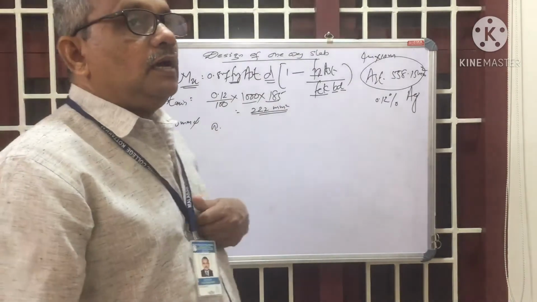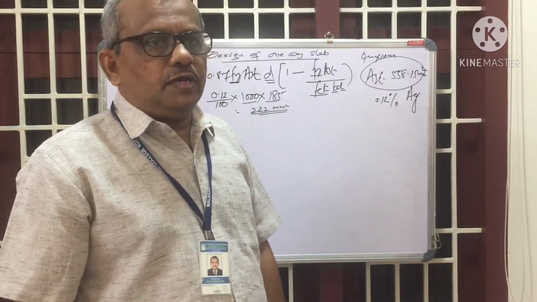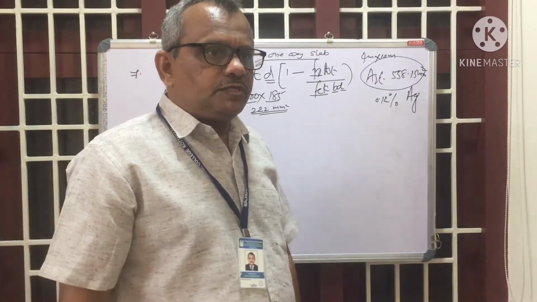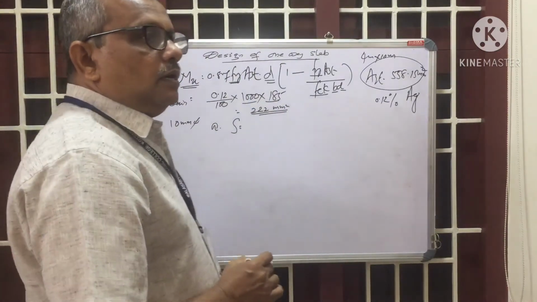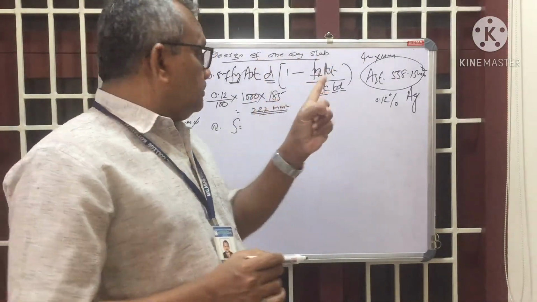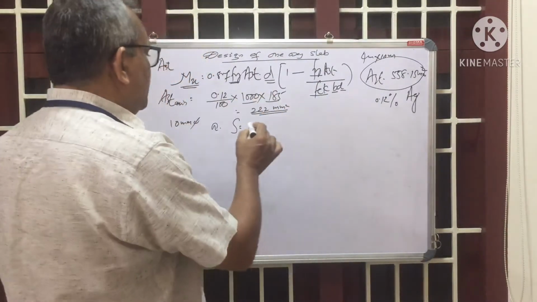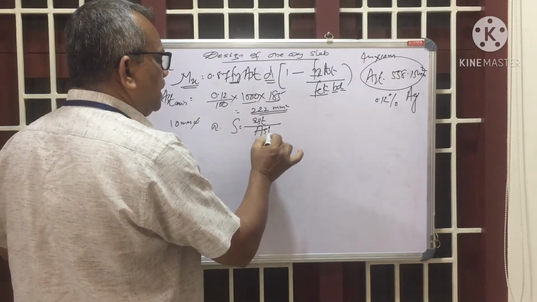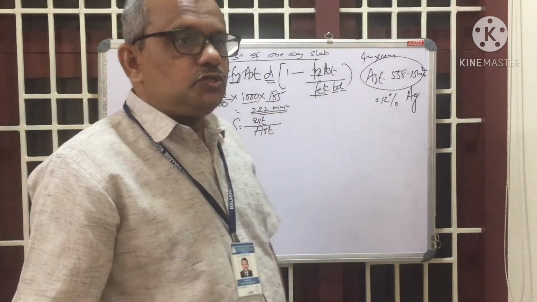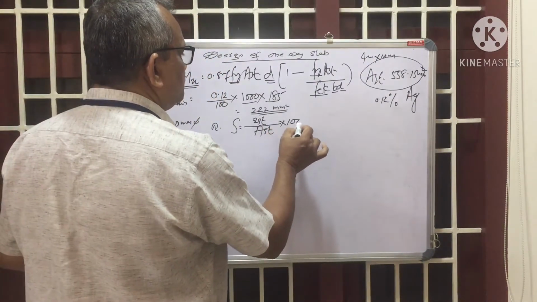There are 3 provisions to find out the spacing. Out of that, take the minimum value. What are the 3 provisions? 1, S is equal to what? You know the area of one bar, the diameter of the bar is 10 mm. The spacing is small AST divided by total area capital AST, into the breadth, that is 1000.